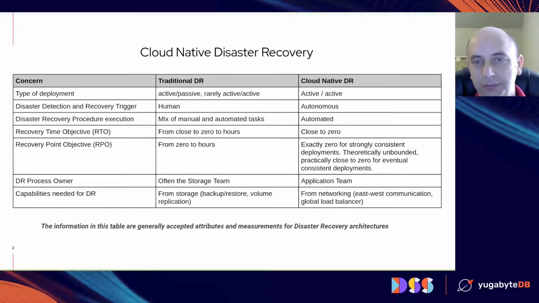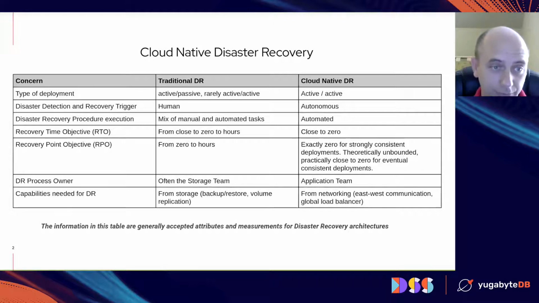In cloud native, we want it to be autonomous. So the system realizes that something is going wrong and reacts to it. And then when it comes to the actual recovery procedure, in traditional DR, we see a mix of manual and automated tasks, depending on how good that enterprise is. In cloud native, we want it to be fully automated.